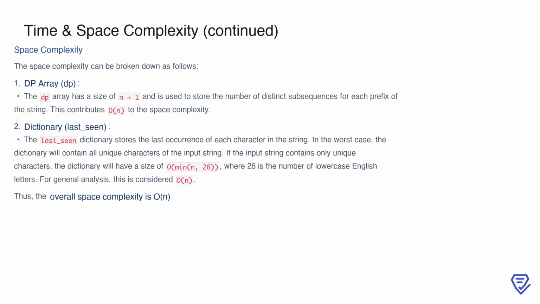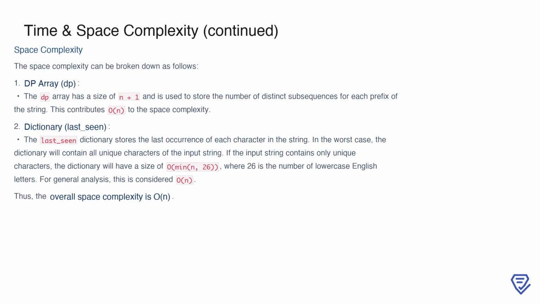Now, let's discuss the space complexity. The algorithm uses a DP array to store the number of distinct subsequences for each prefix of the string. The size of this array is n plus 1, which contributes O(n) to the space complexity. Additionally, we maintain a last_seen dictionary to track the last occurrence of each character.